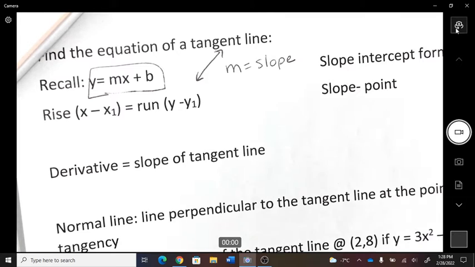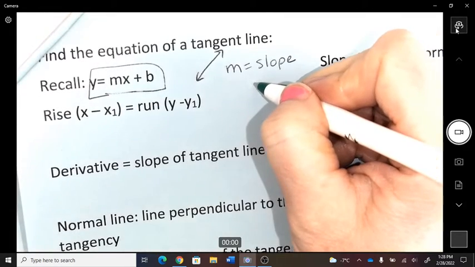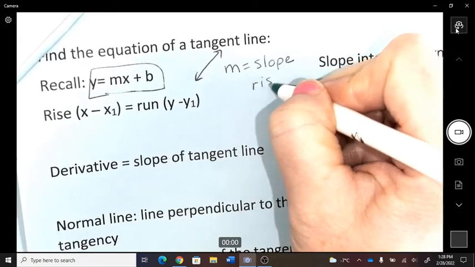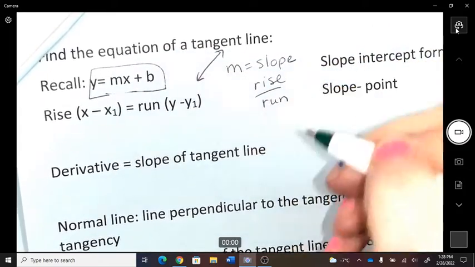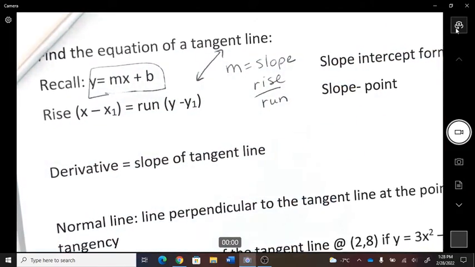And what else do we know about slope? Rise over run. Okay. And the b is the y-intercept, but we're probably not going to worry too much about that because we're going to be doing a lot of stuff with slope, right?